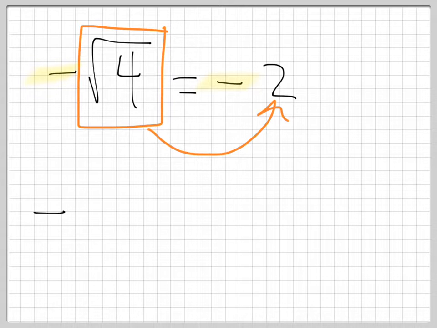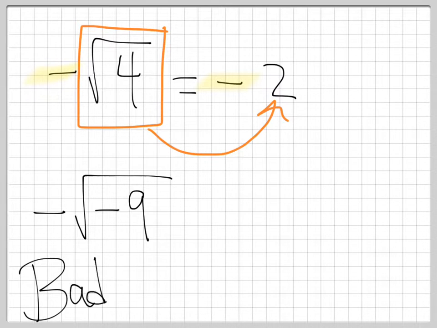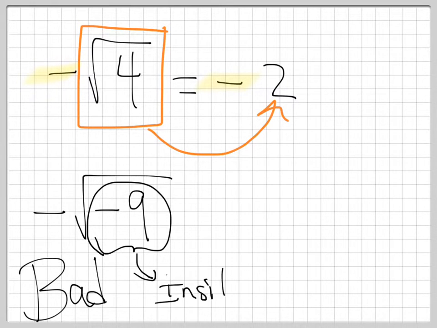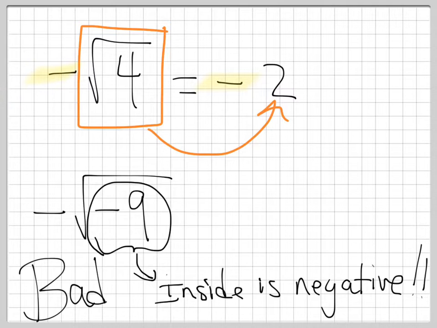So other things, again, negative radical negative 9. This is bad. The reason it's bad is that the inside is negative. And it's really important to remember that the only thing that the square root is going to freak out about is if the inside is negative.